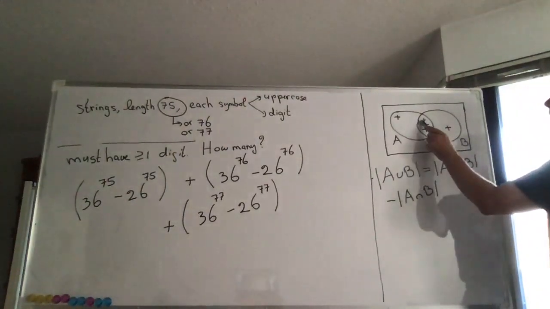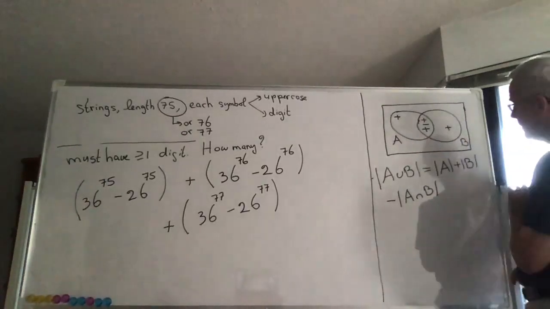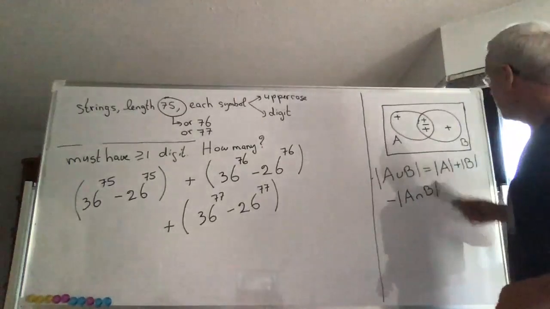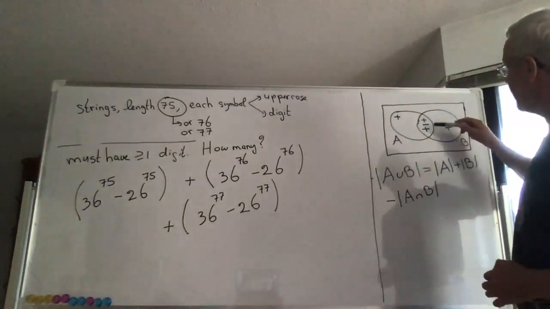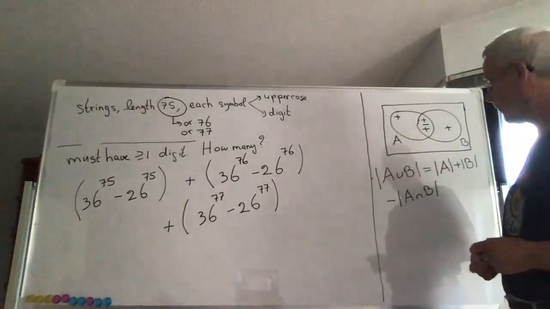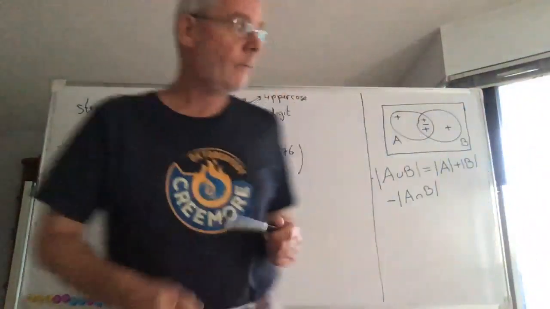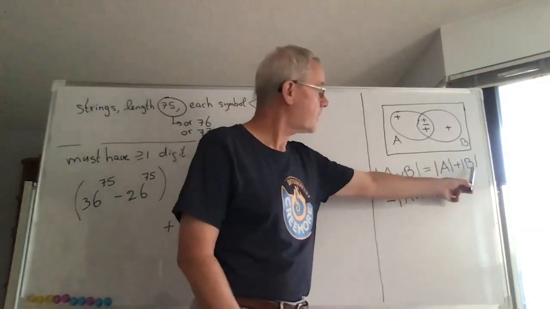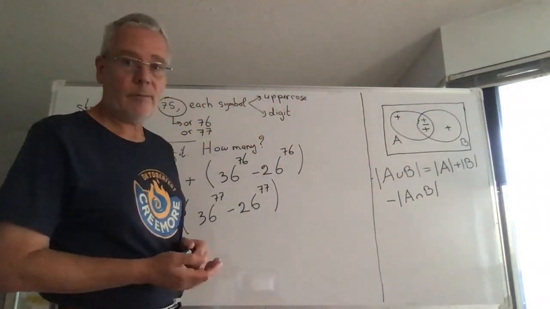There is one plus sign because of the size of A, there is another plus sign because of the size of B, and there is a minus sign because of A intersected B. And if we now look here in the picture, the intersection we have counted twice with a plus sign, and we have counted it once with a minus sign. So overall, we have counted elements in A intersected B exactly once. Okay, so this means the size of the union is the size of A plus the size of B minus the size of A intersected B.